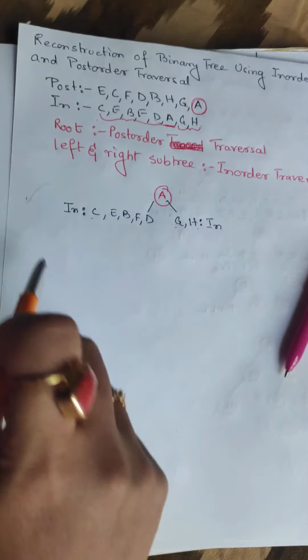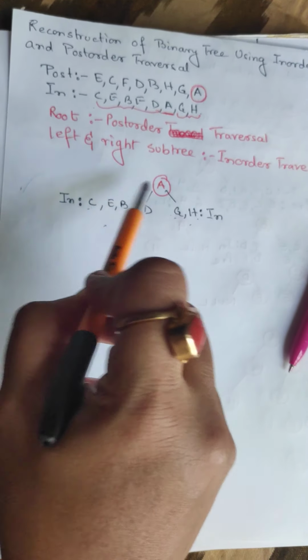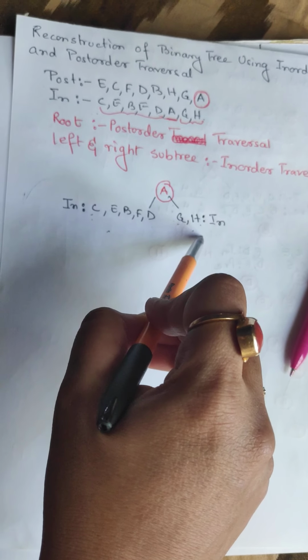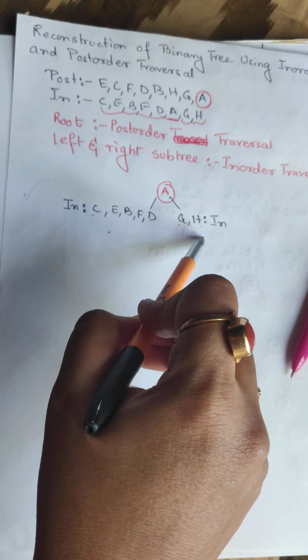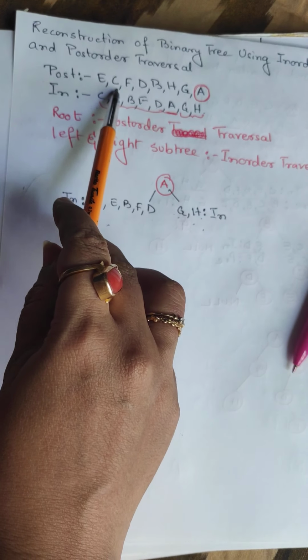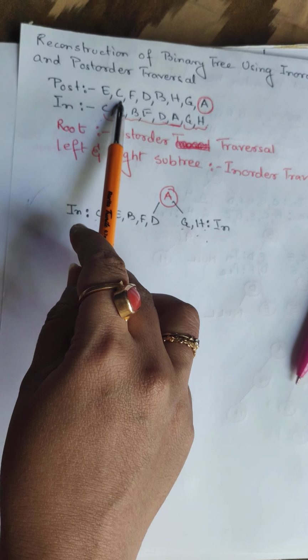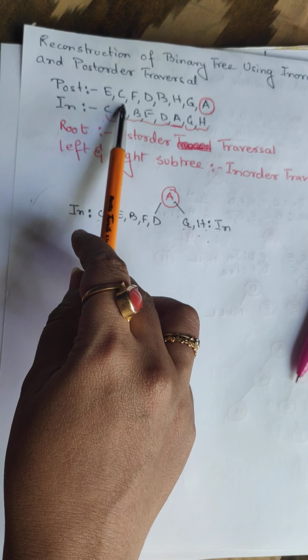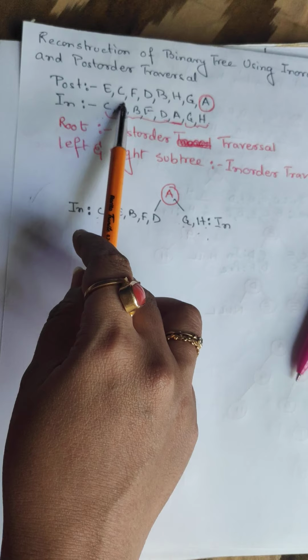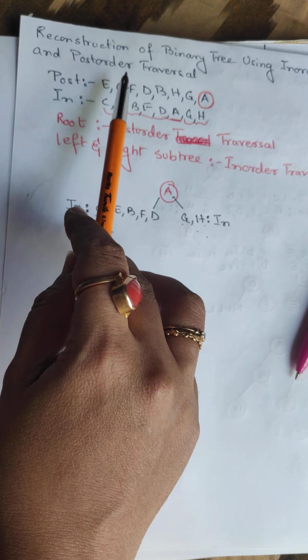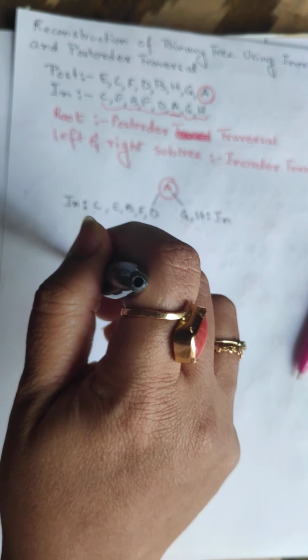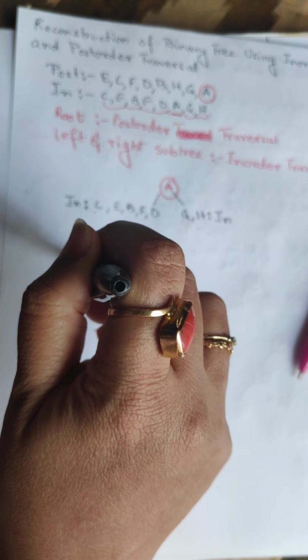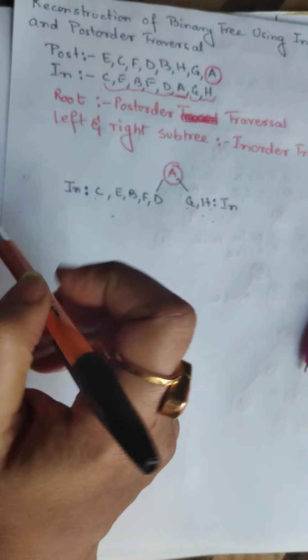Now, once we have got the InOrder traversal of the left and the right subtree, we are going to search out these nodes from the PostOrder traversal. Again, the nodes might not appear in the same sequence as they appear in the InOrder traversal, but the nodes would be lying side by side.